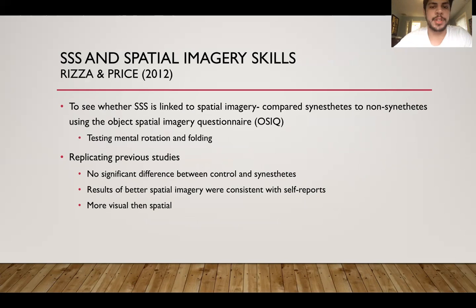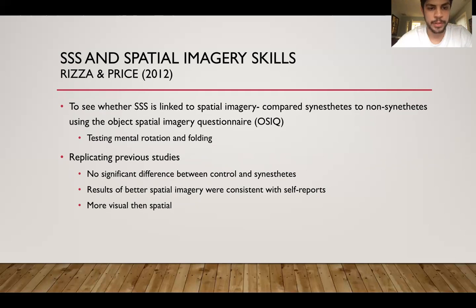The first study was on spatial imagery skills, to see whether SSS is linked to spatial imagery, comparing synesthetes to non-synesthetes using the Object Spatial Imagery Questionnaire, or the OSIQ. They also tested it using mental rotation and a paper folding task, which are known to be very enhanced for people with SSS.